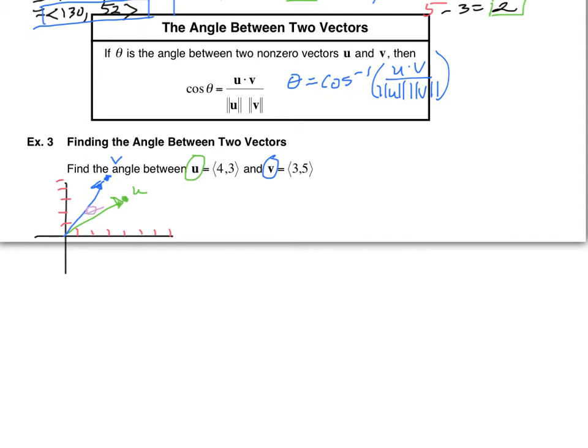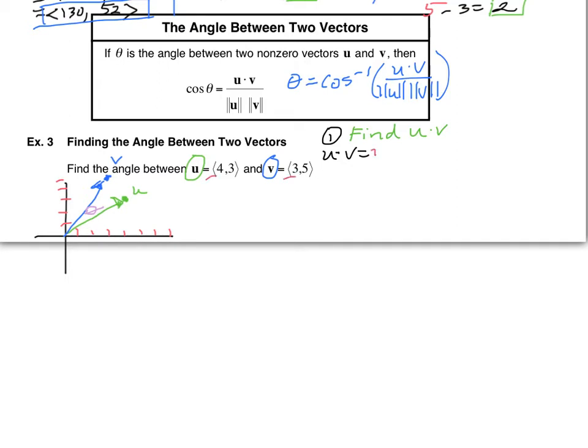So let's gather the information that we need for this particular problem. I need the dot product, so write small. We're going to find the dot product first, u times v. So u times v is equal to, I'm going to take my x values and multiply them together.